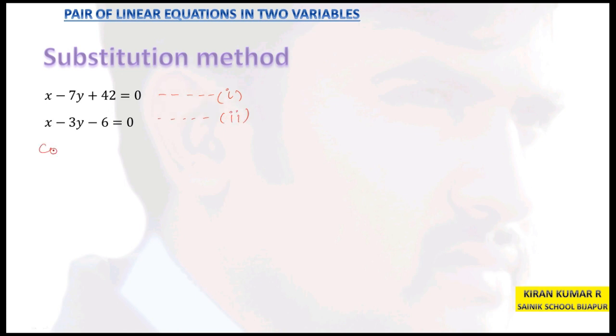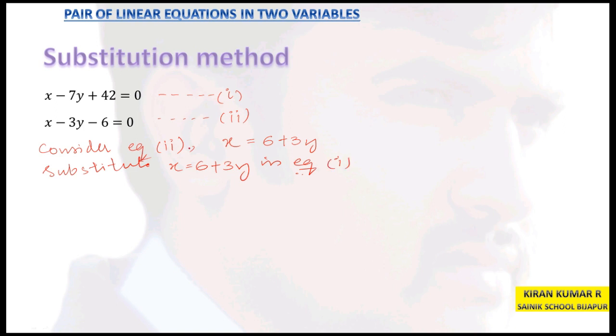Let me consider equation 2. In equation 2, we have the value of x: x will be equal to, transposing the other terms to the right hand side, 6 plus 3y. Now we will substitute x equal to 6 plus 3y in equation 1.